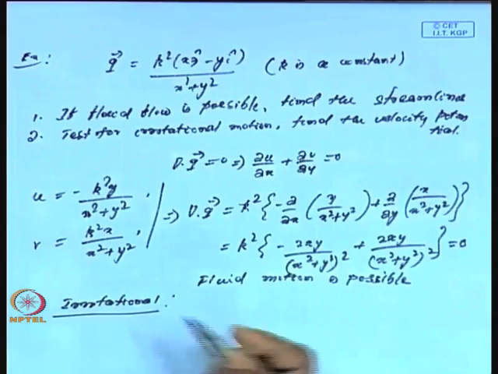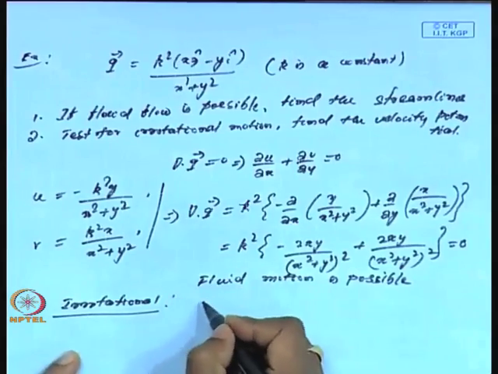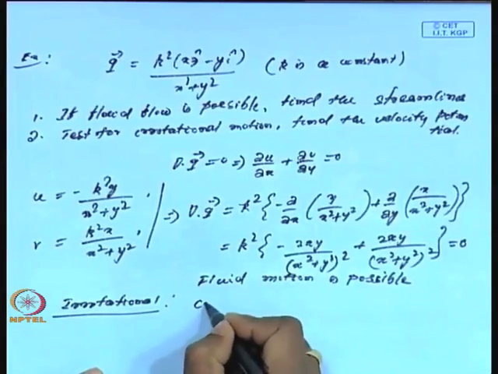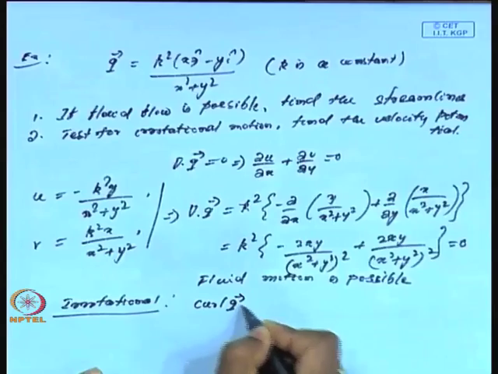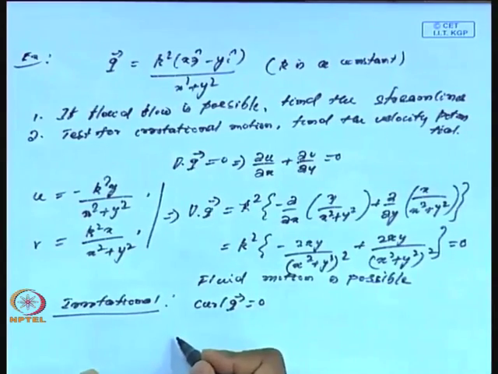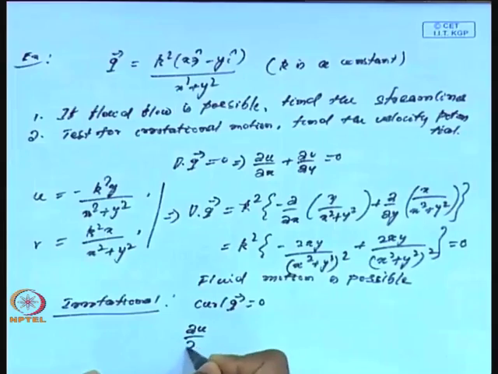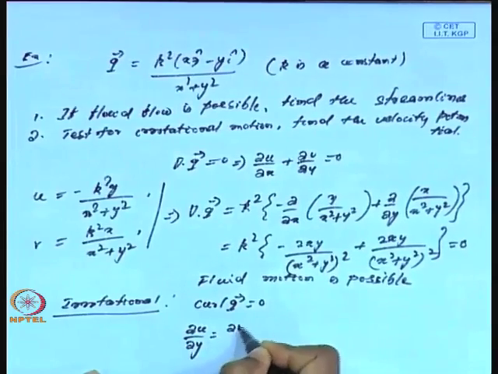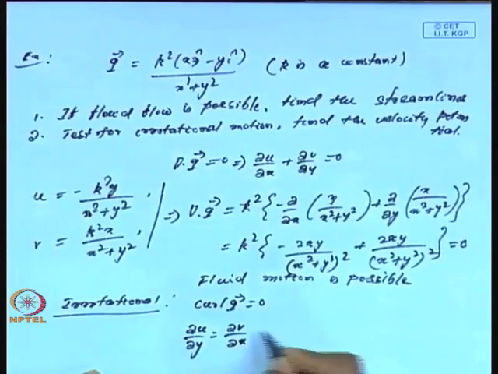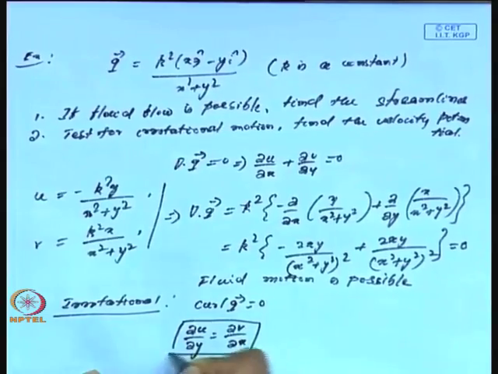For irrotational flow, we have to check that curl of q bar is 0. Because the flow is two dimensional here, we have to check whether del u by del y is equal to del v by del x.